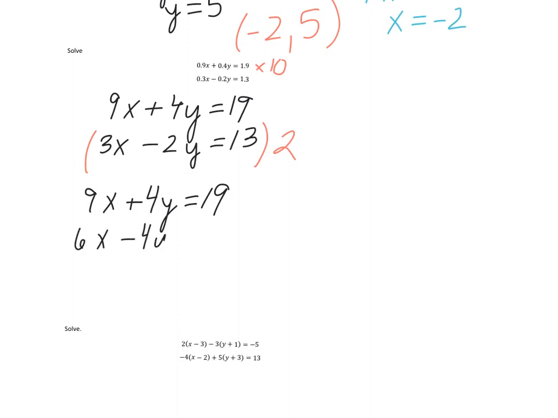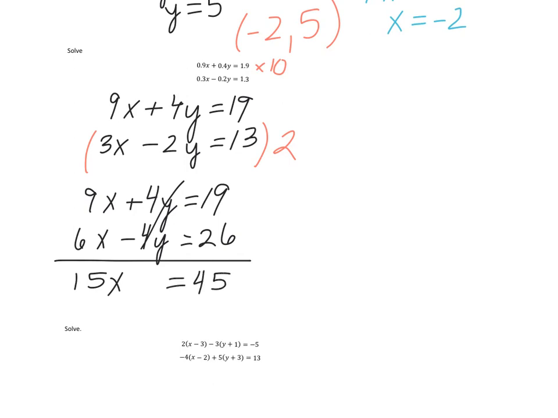And I chose y because we already have opposite signs, so it's one less thing for me to worry about. Those cancel, and we get x is equal to 3.